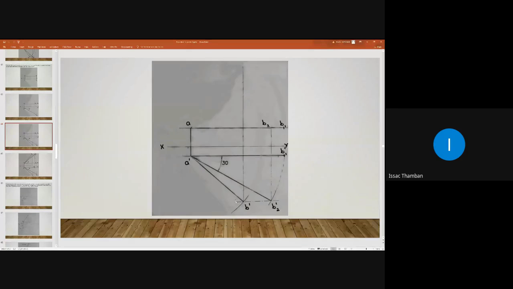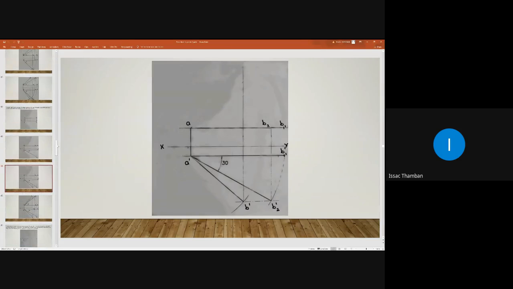Here, the elevation length of the line is given. What is the elevation length given? The front view of the line measures 75 mm, isn't it? So, through point B2 dash, draw a horizontal line, which is the locus plane. Then take 75 mm in your compass.